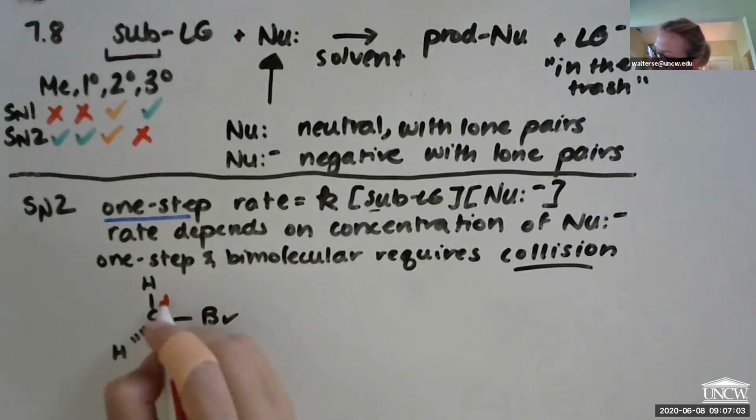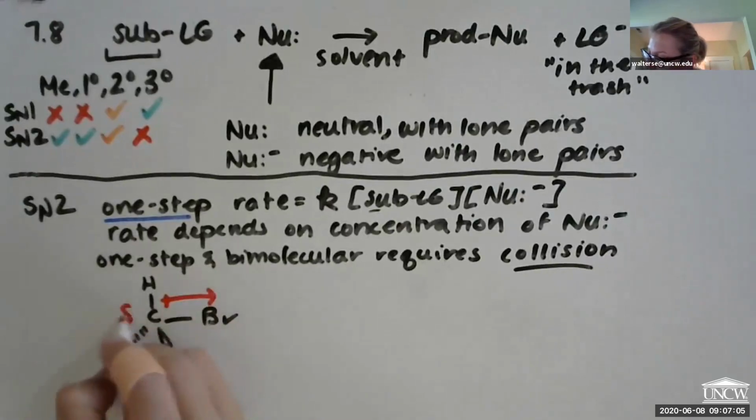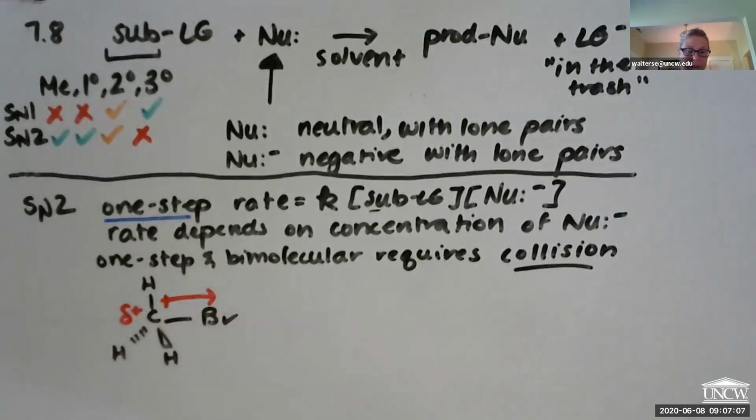This carbon is partially positive. It is in a polar bond and it is slightly electron deficient, but it's not as electron deficient as a carbocation.